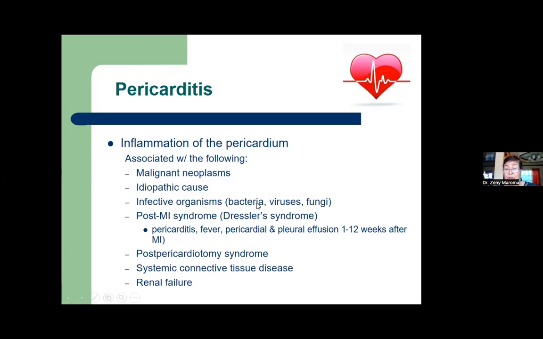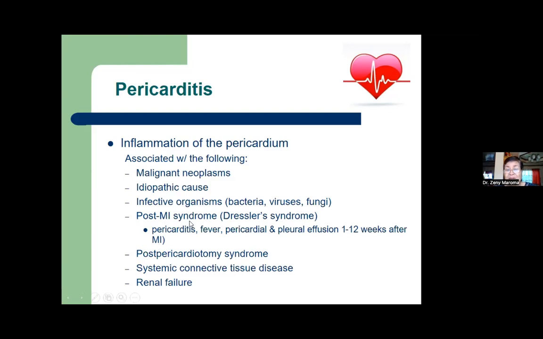So this is the infectious one. How does the organism reach the heart? It could be through the bloodstream, especially if the patient had an upper respiratory tract infection or probably had a dental procedure, and there's introduction of microorganisms reaching the heart.